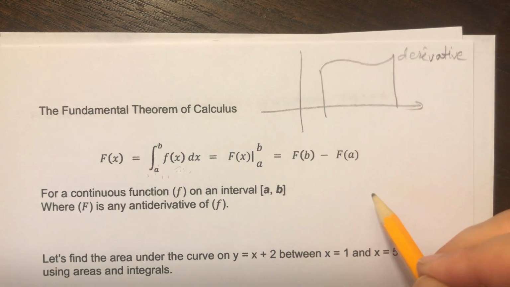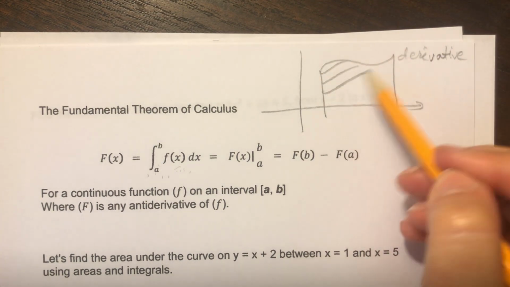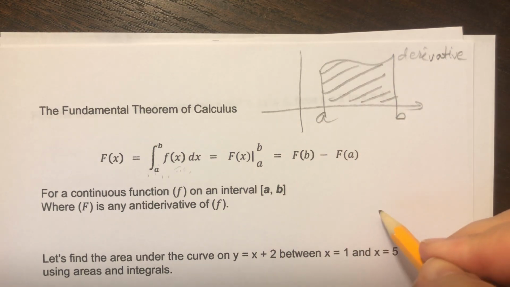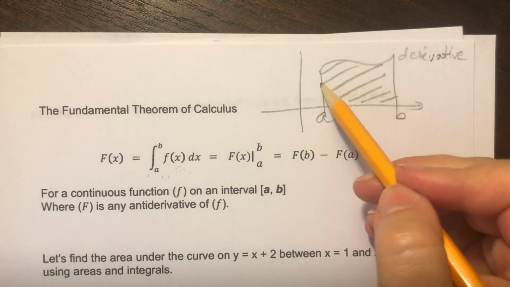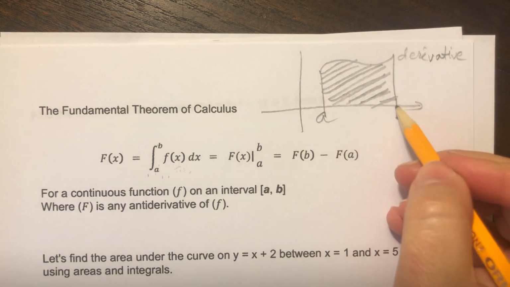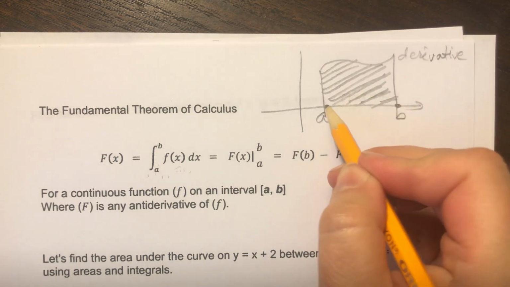If I'm starting with the graph of a derivative, the area under this curve between a and b is simply the accumulation in the antiderivative. So how much did you gain from this point to this point.